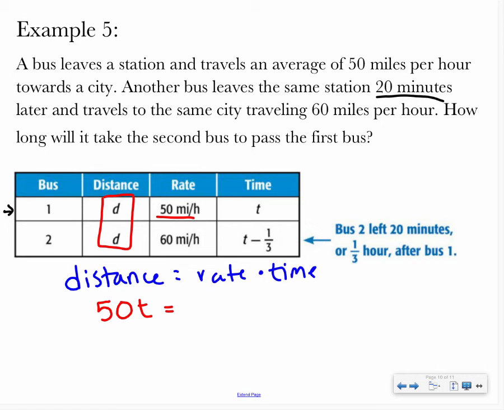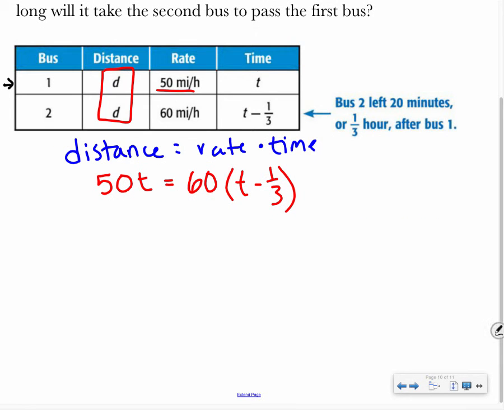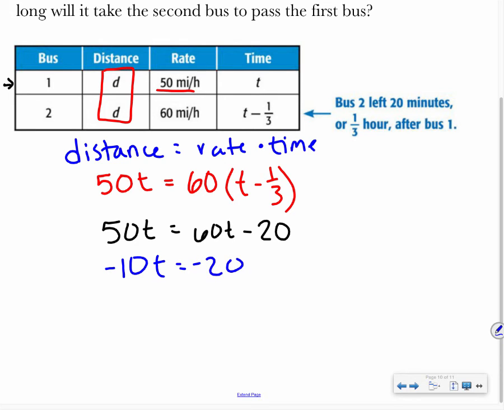And then our next bus is traveling at a rate of 60 miles per hour for t minus 1/3 amount of time. So this leaves me with 50t equals, and then if I distribute, 60t minus 20, and if I subtract 60t from both sides, I'm left with negative 10t equals negative 20, or t equals a positive 2.